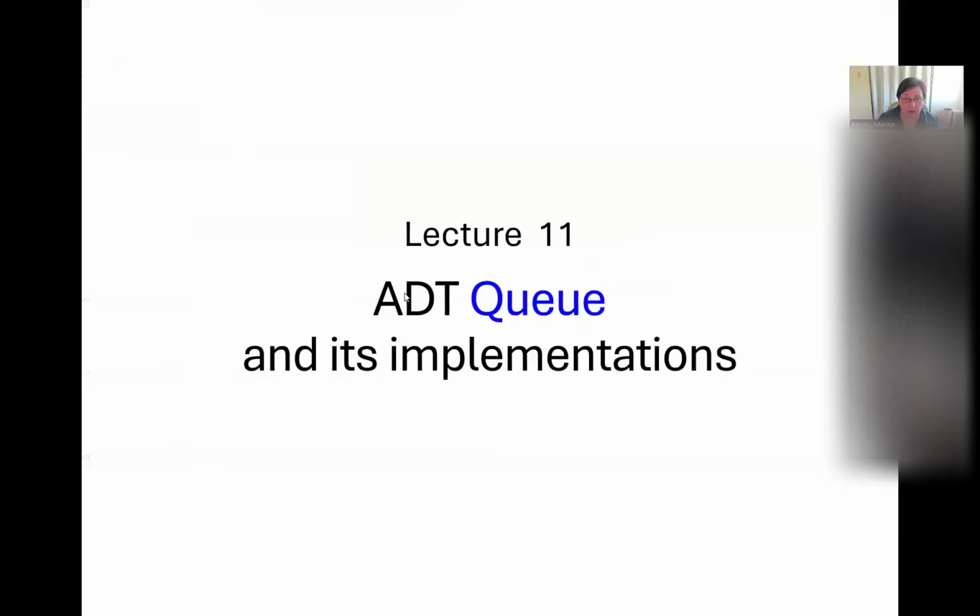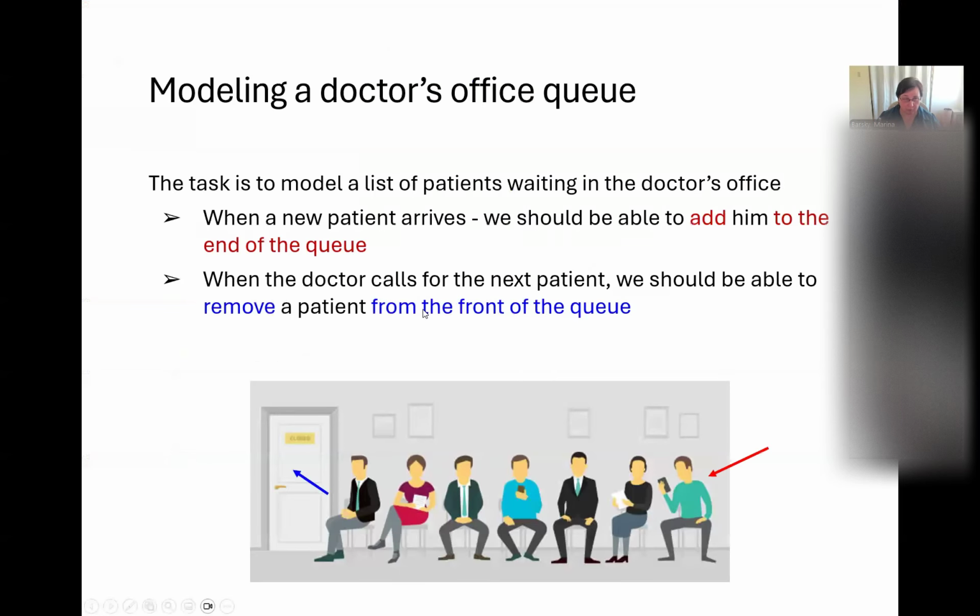So as we said, the process of abstraction is to model a real life entity in an abstract way, in such a way that it only contains the most important features of this entity. Imagine that somebody wanted you to create this kind of automated queue in the doctor's office, when they take numbers, and everyone who comes last receives the last number, and then they get called from the beginning of the queue, from the front of the queue.